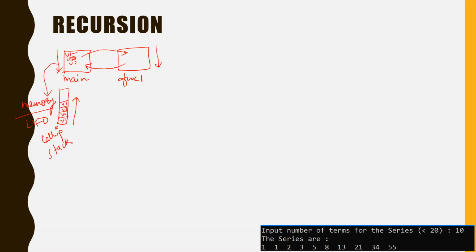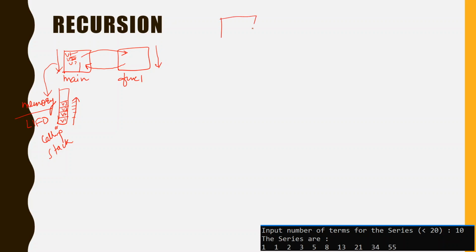So whenever function one executes and returns to the calling function, the values from this stack are taken, and the regular processing of the main function resumes. So this is a simple function call.